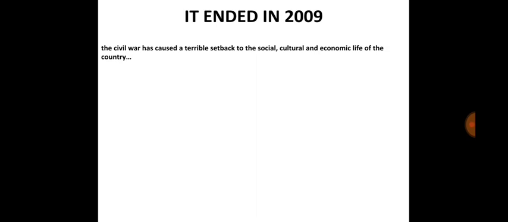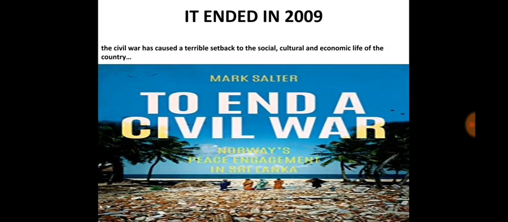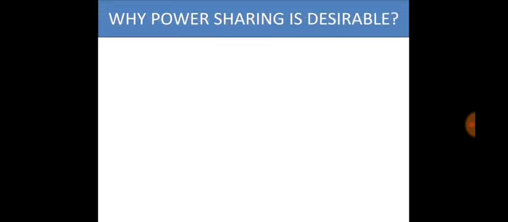So we have to think, what will be the way by which we give a share to other people. Now come to the main agenda: why power sharing is desirable among all the stakeholders. Why is power sharing desirable?